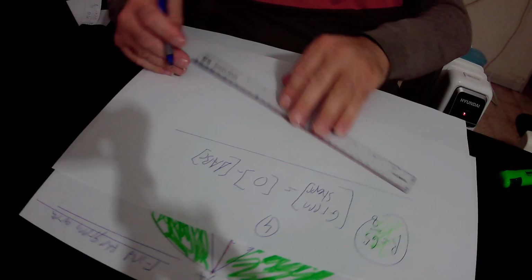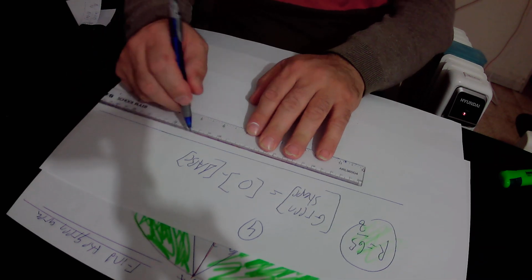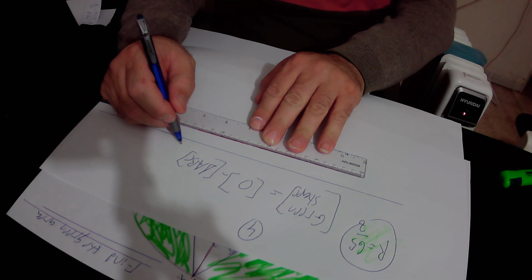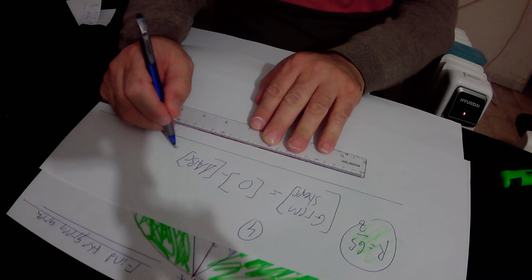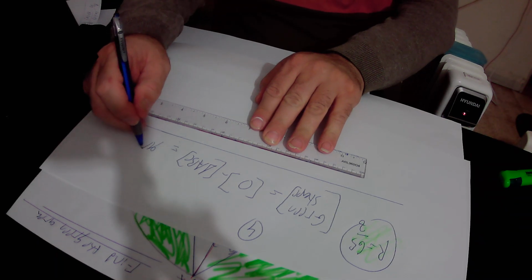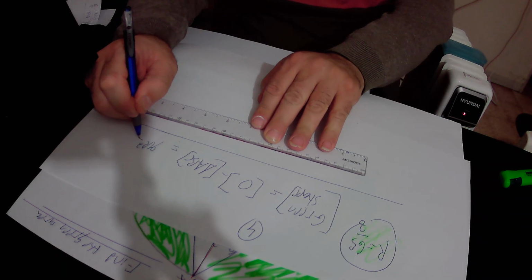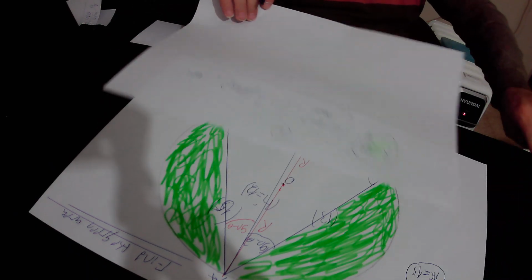The area of the circle is equal to pi r squared, minus the area of triangle ABC.